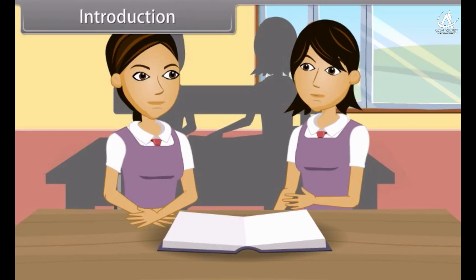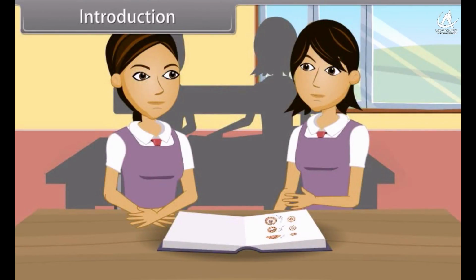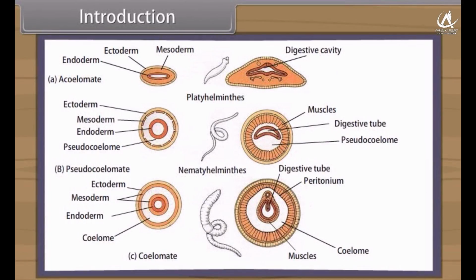According to symmetry, animals are either radially symmetrical, example sponges, coelenterates, and echinoderms, or bilaterally symmetrical, example nematodes, arthropods, annelids, and vertebrates, and some are asymmetrical, example snails. On the basis of body cavity, the animals are either acoelomates, example coelenterates and flatworms, or pseudocoelomates, example nematodes.